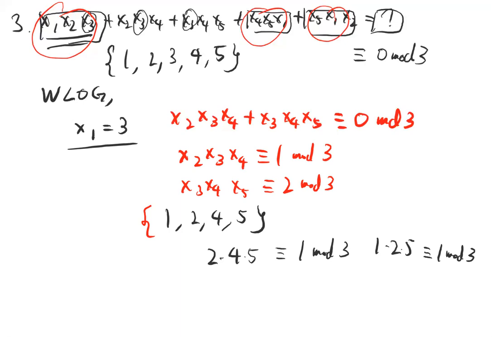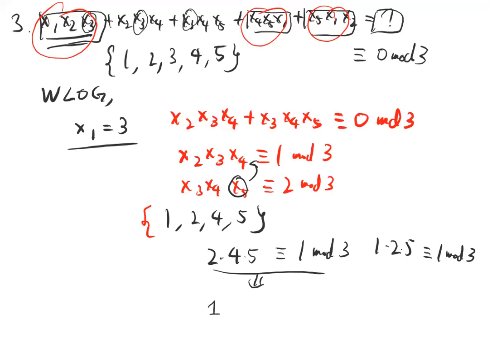In these conditions, we know that x2 x3 x4 has to be 2, 4, 5, but we don't know which one has to be a specific number. But what we know is that x5, which didn't appear in the above term, has to be, in this case, 1.